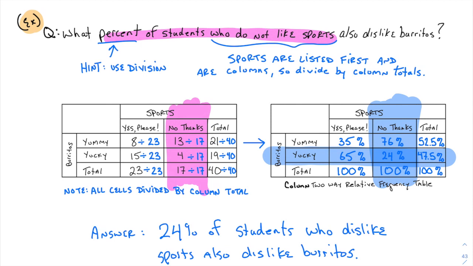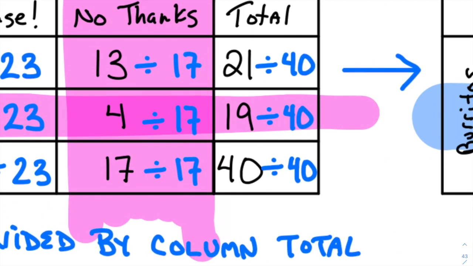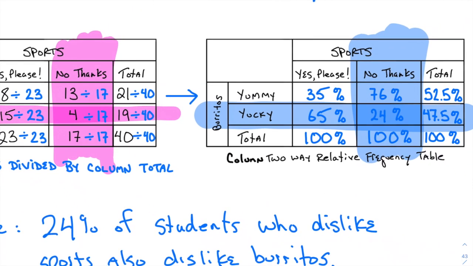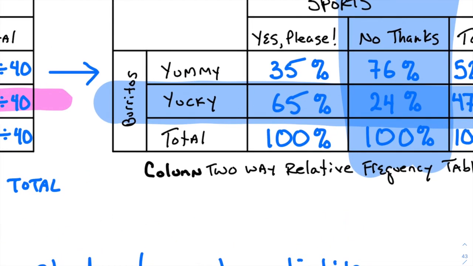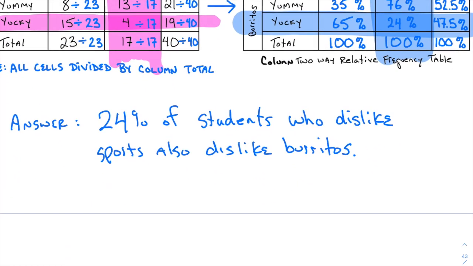So I'm going to focus on that column. Now, of those 17, which ones also think burritos are yucky? They dislike burritos? 4 out of 17. So 4 out of 17 in my chart was 24%. So 24% of students who dislike sports also dislike burritos.